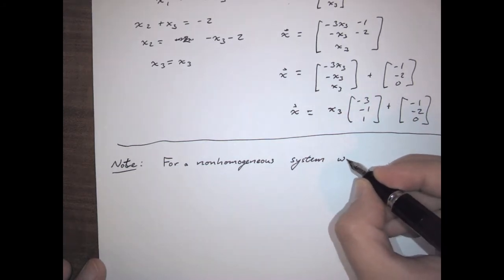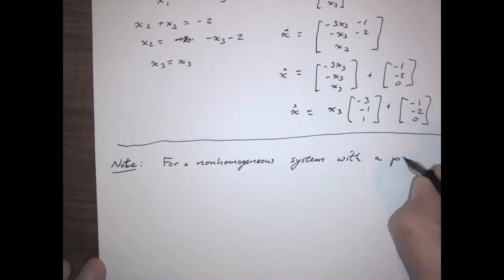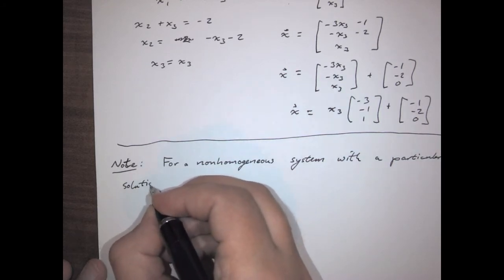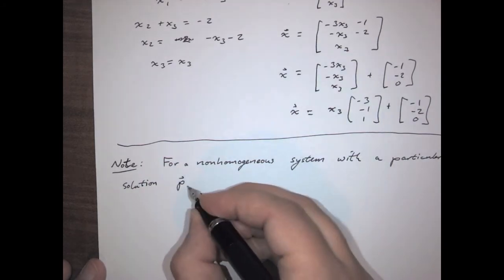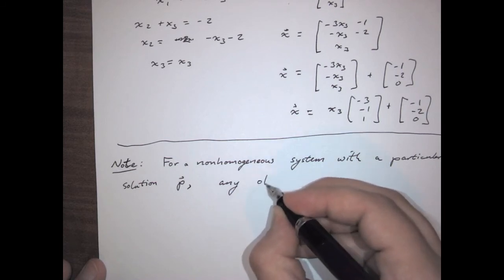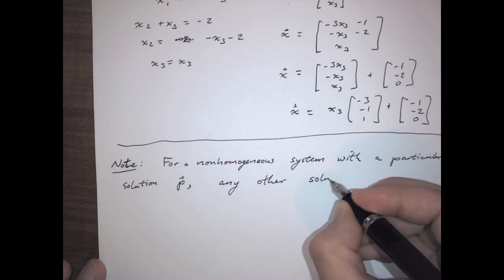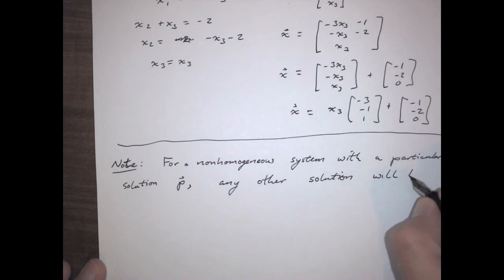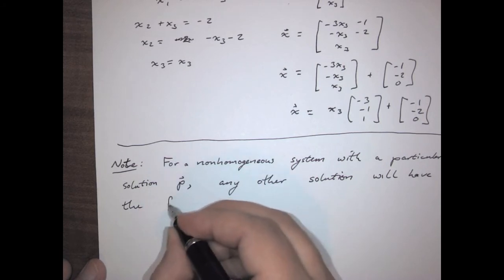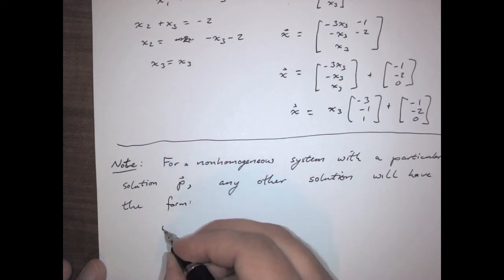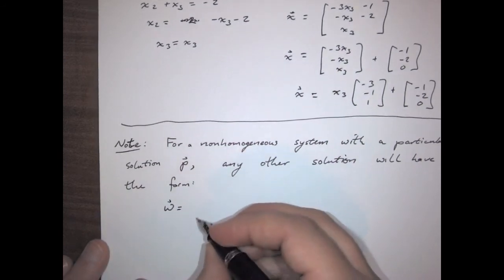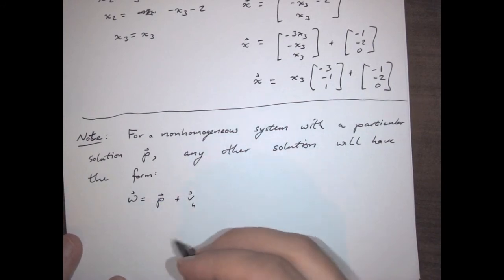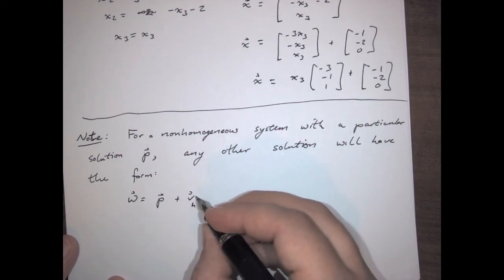with a particular solution P, any other solution will have the form W equals P, which is a particular solution, plus VH, where VH here represents a vector that is a solution to the homogeneous equation.